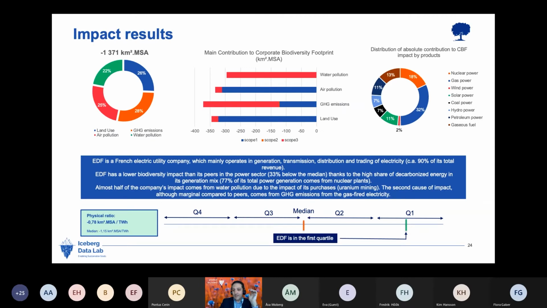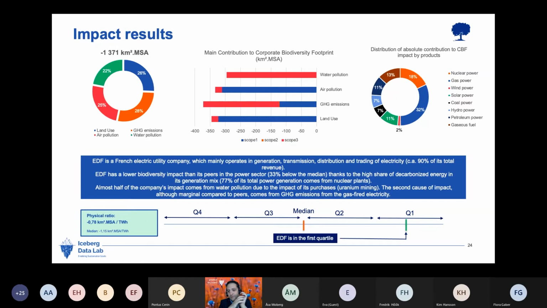Which is the last slide, which gives you a clear example of an output. It's EDF, so the French largest power company. So it's self-explanatory. I will not elaborate on that, but you see the granularity of the result by pressure, by scope, and by source of production.